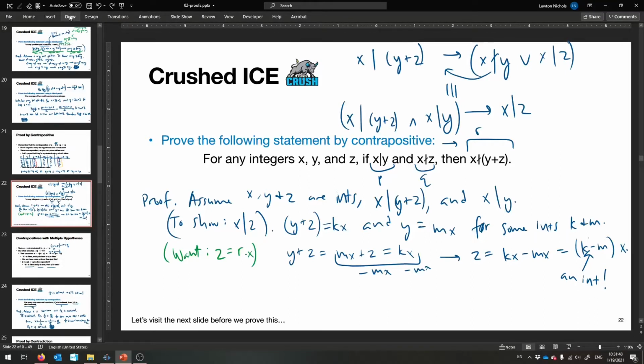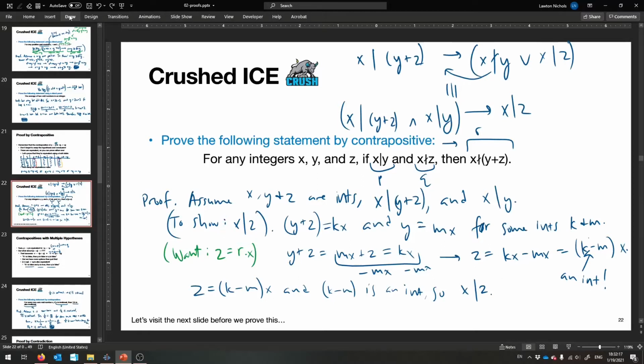So z equals k minus m times x, and k minus m is an int, so we then have that x divides z, which was what we needed to show.